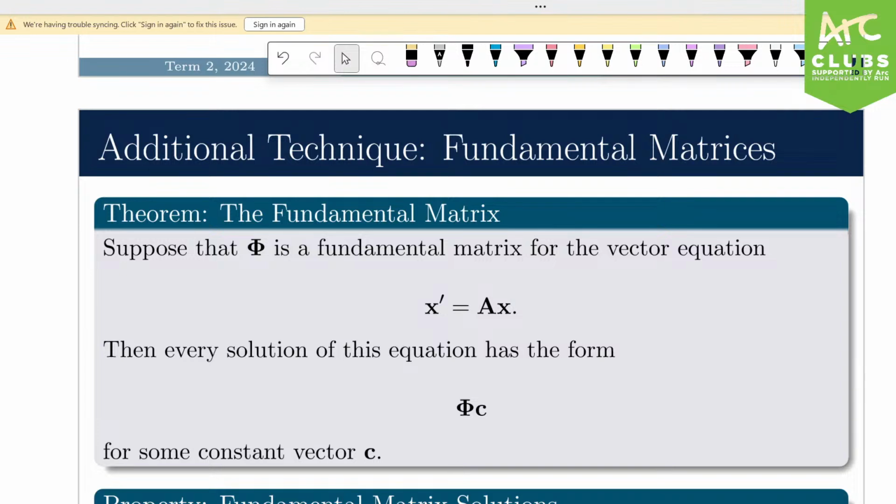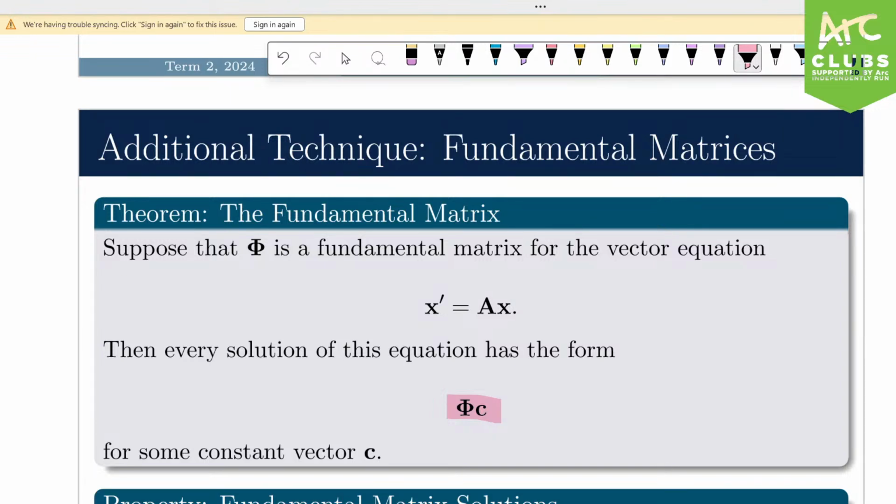Then if it's a fundamental matrix, it means that every single solution is of the form phi c for some constant vector c. So this will encompass every single solution to our equation. And another property of this is that if it's a fundamental matrix for the system, then the solution is going to be phi of t times phi inverse evaluated at 0 times x naught. And that there is a solution.